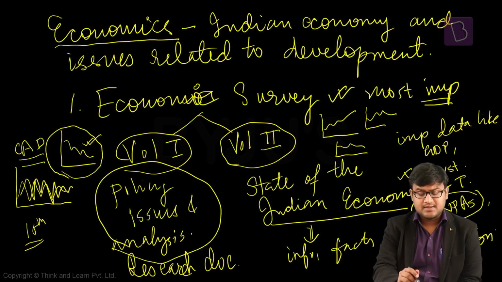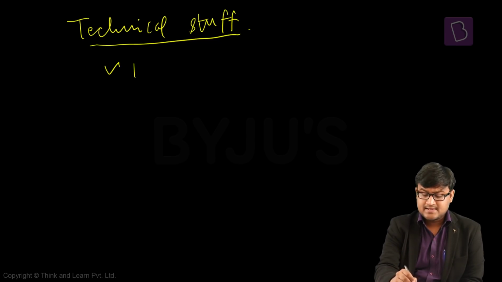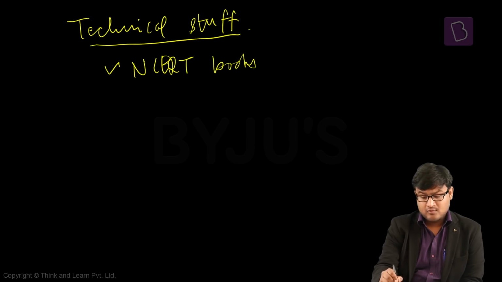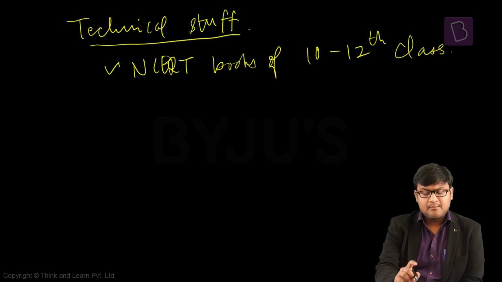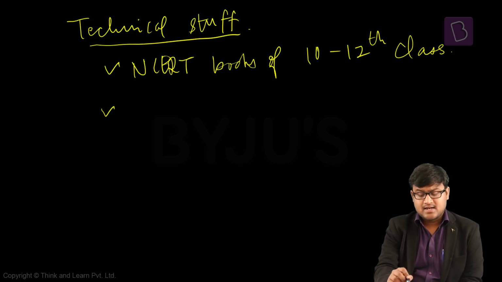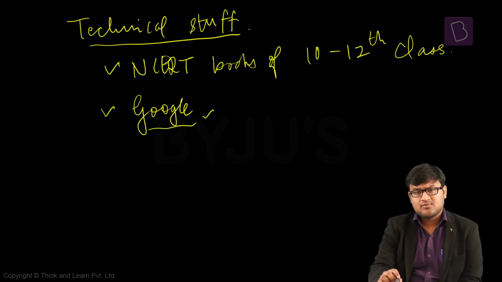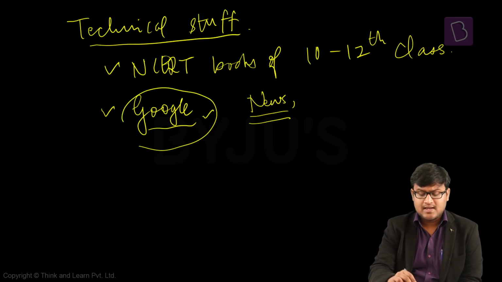Second aspect of economics is some technical stuff. These can be covered from NCERT books of 10th to 12th class. The best source to cover technical stuff is your Google. If you find any technical word in the news or when you are reading any source, what you can do is you can Google that particular word and see its meaning.